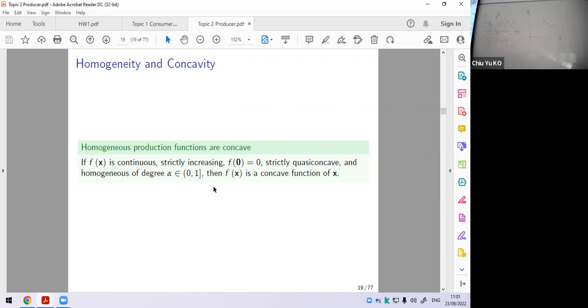And here what is said is if we have homogeneous of degree 0 to 1, which means that we don't have increasing return to scale, with constant return to scale or decreasing return to scale, then that is a concave function. Okay, so later you will see why we need to assume concave, because that will guarantee a nice property when you do the maximization or minimization problem.